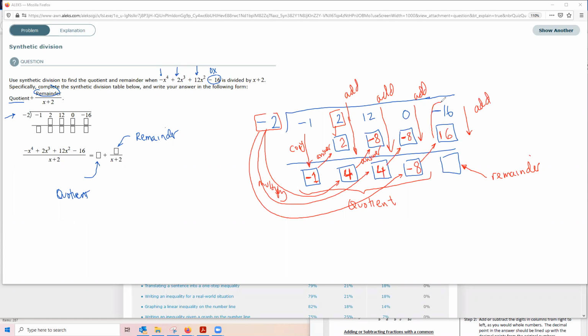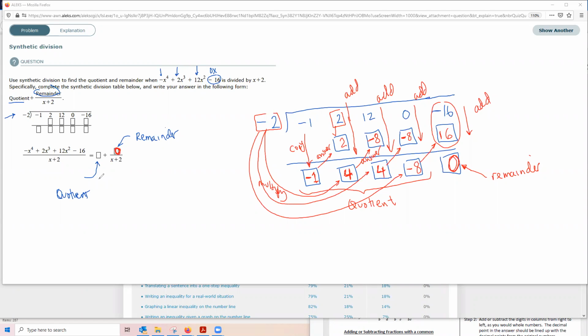Well, -16 and +16 is 0. So it turns out in this example, the remainder is 0. Now, in other examples, the remainder might be 3. The remainder might be -5. Right? It's just a coincidence that this remainder turned out to be 0. All right, so we know the remainder is a 0. So I'm going to put a 0 up in this box.